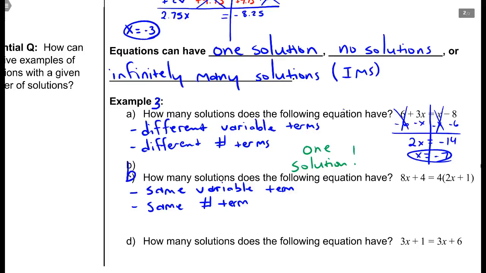So if we simplify this, and right now it looks different, but if we simplify this, we get 8x plus 4 equals 4 times 2x is 8x, 4 times 1 is 4. Okay, so we see 8x plus 4 equals 8x plus 4. It's the same expression on both sides. This is a type of equation that has infinitely many solutions. You can abbreviate that as IMS.